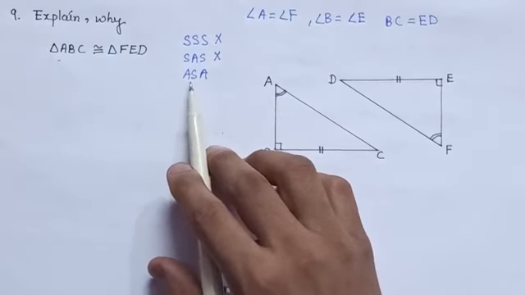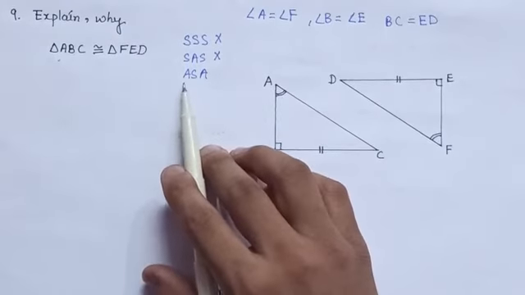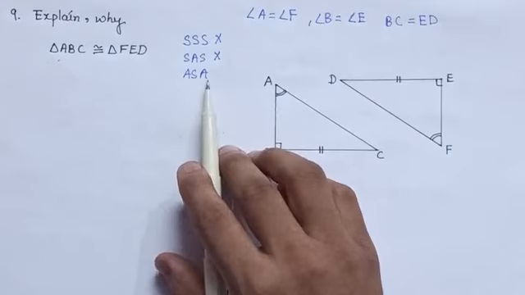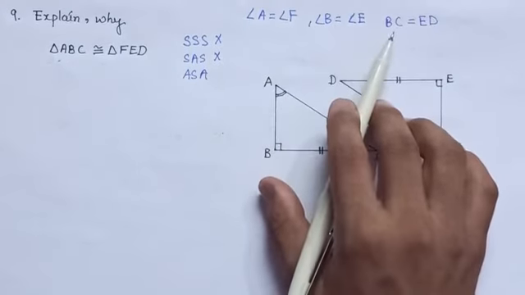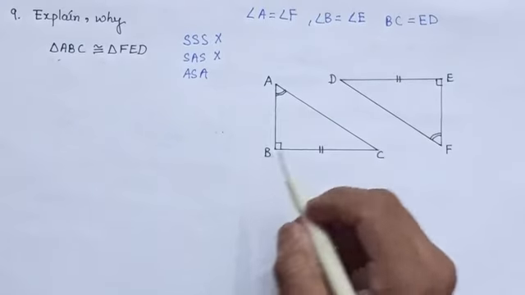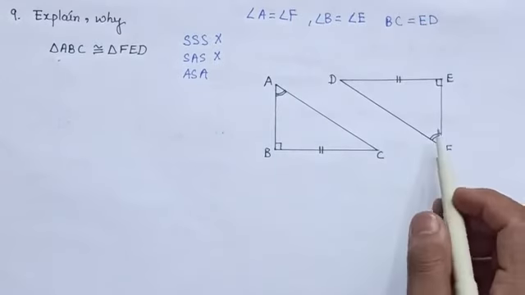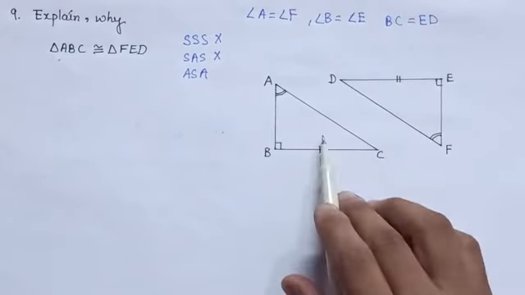Now for the ASA criteria. Here we can use the ASA criteria because we have information about two angles and one side. Okay. But can we directly apply the ASA criteria in these two triangles?